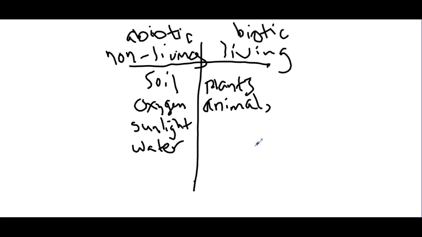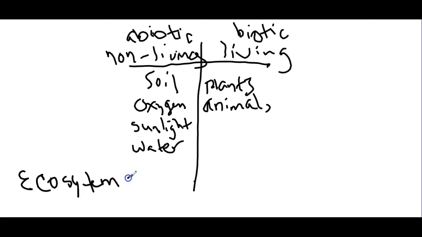So that was the first question. The second question asked you if each one of these pictures was an example of a population, community, and ecosystem. And that one's a little bit challenging because of the fact that an ecosystem was the best answer.